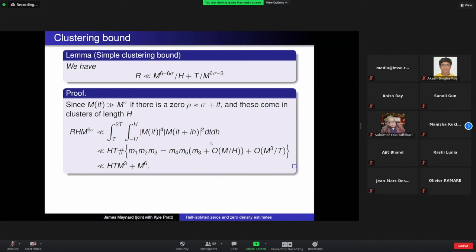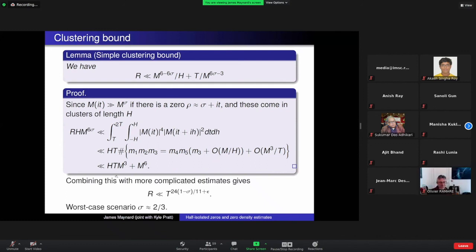And this simple bound then gives an upper bound for r, which becomes very strong, much stronger than more traditional zero detecting mechanisms, whenever capital H is large. So we're exploiting this clustering effect to get improved zero density estimates in this case.